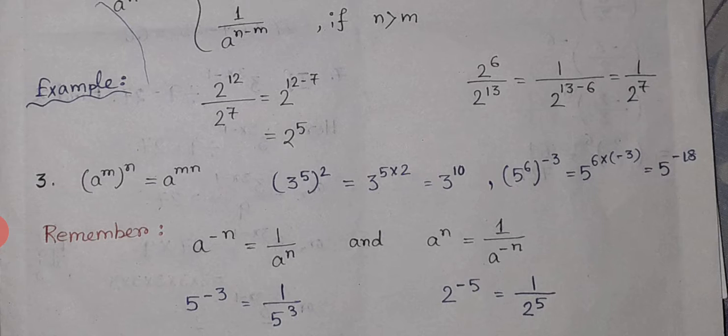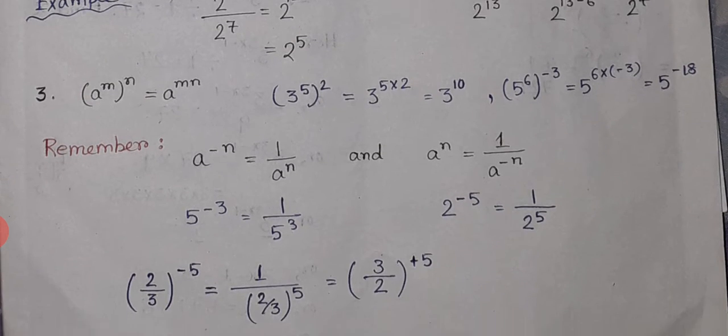Taking another example, 5 to the power 6 whole to the power minus 3 equals 5 to the power 6 into minus 3, and this is equal to 5 to the power minus 18. So all the three laws are cleared.